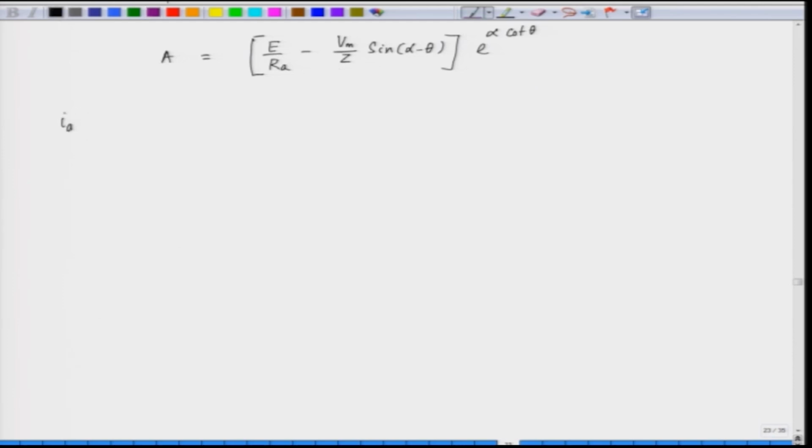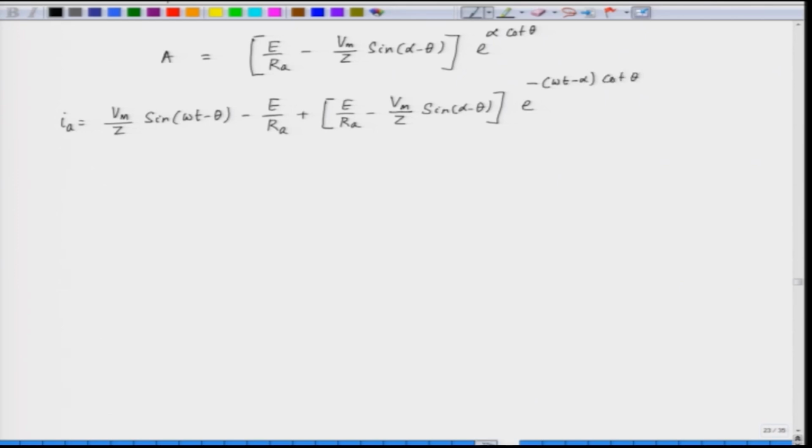So, what is IA? IA is Vm by Z sin(omega t minus theta) minus E by RA plus A, which is E by RA minus Vm by Z sin(alpha minus theta), times exponential of minus (omega t minus alpha) cot theta.